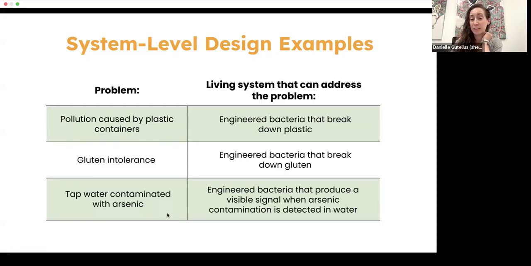So the living system that we are going to propose could be engineered bacteria that produce some sort of a visible signal when arsenic contamination is detected in the water. Okay, so see how these are different? Our endpoint is kind of different. So two of these, the endpoint is to break down something. And our last one is to produce a visible signal, like a color, right?